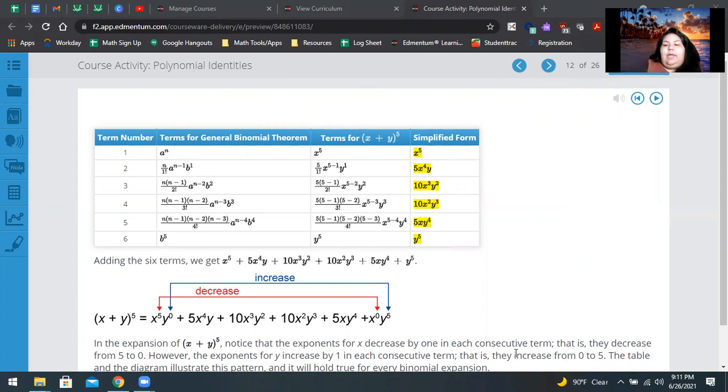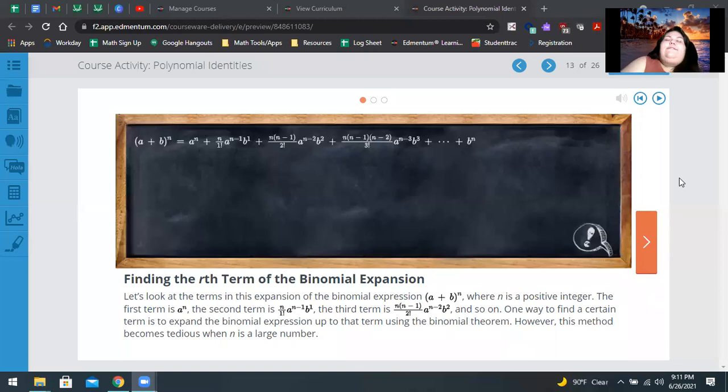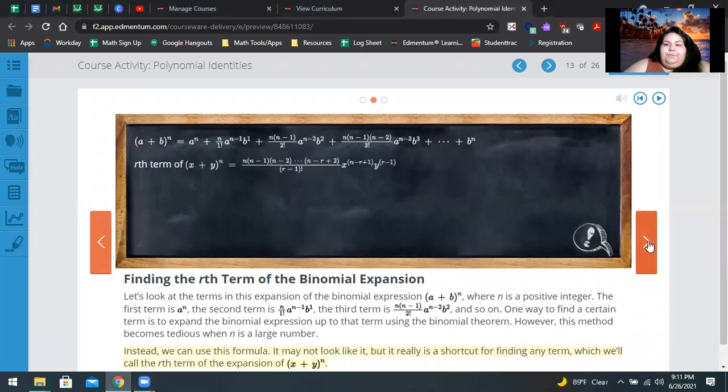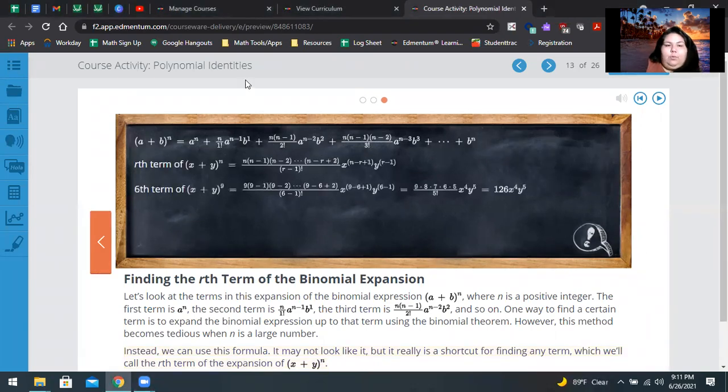So now let's take a look at slide 13. What happens if I don't want to expand everything? What if I'm looking for a specific term? In order to find a specific term, or the rth term, of the binomial expansion, this is the formula that we're going to use, which is this one right here.